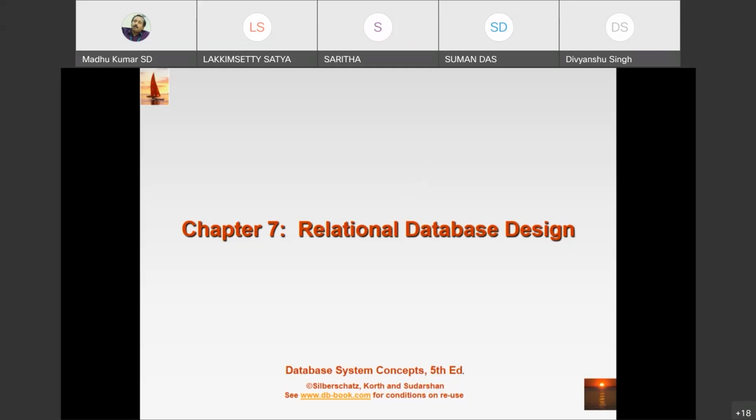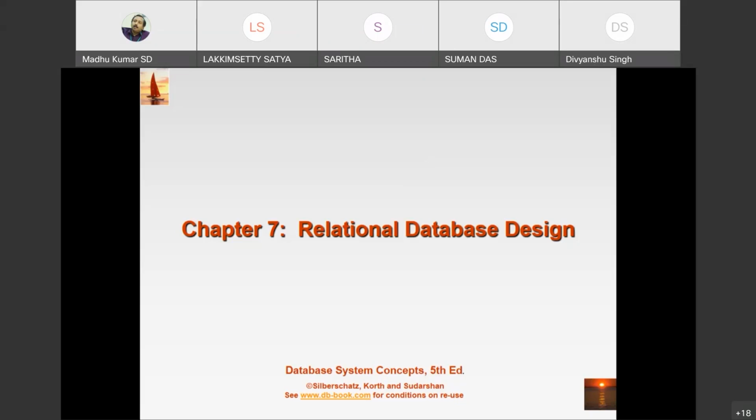So this is the intention behind the normalization theory. Normalization is a technique by which one tries to remove the redundancy present in the database design. There are different normal forms available, from first normal form to fifth normal form.